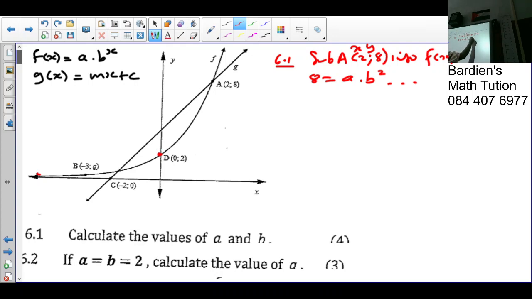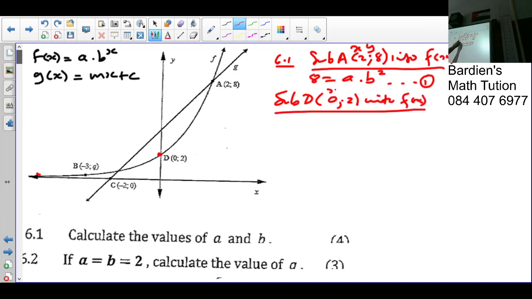So let's call this equation 1 for now. Then of course we're going to substitute d, which is 0 and 2, into f of x. Again, that's an x and a y. So 2 is equal to a times b to the 0. Anything to the power 0 is 1. So a is equal to 2, and that's equation 2.